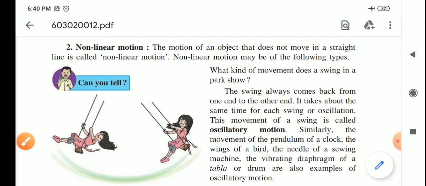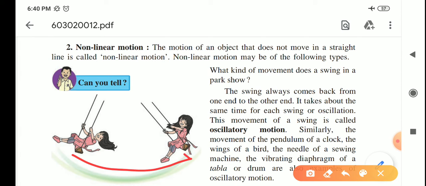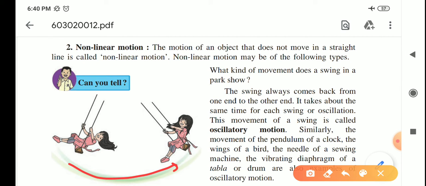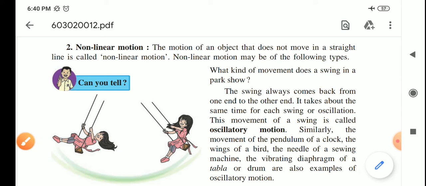Similarly, in the case of a swing also, if you stop applying force for its movement, then it might come to a stationary position. Gradually it will reduce its movement from this to this to this, and at the end it will come to a stationary position.